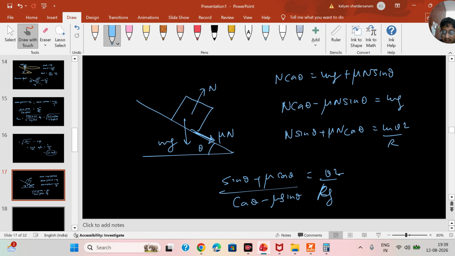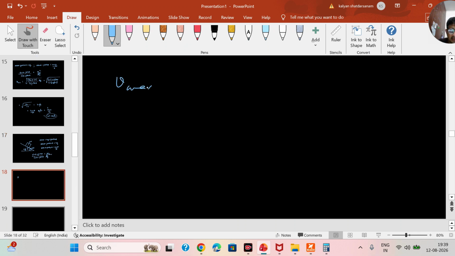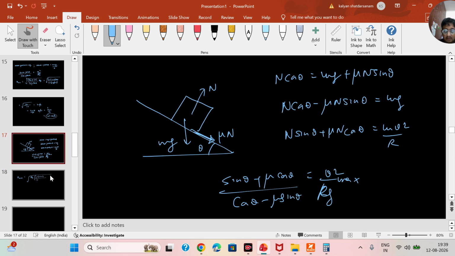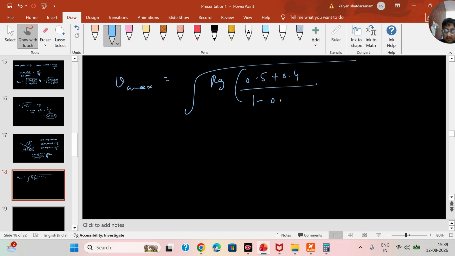This is the maximum speed I am calculating, v max. So what is the maximum speed from here? v max is root of rg into tan theta, which we got 0.5, plus mu, 0.4, by 1 minus mu tan theta. Mu is 0.4, tan theta is 0.5. So r is 20, g is 10.